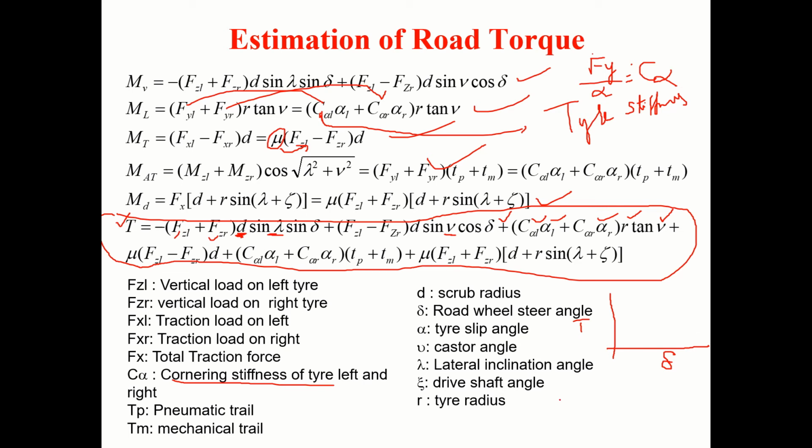So again, delta is equal to 57.3 L by R plus K V squared by GR. Let me write.